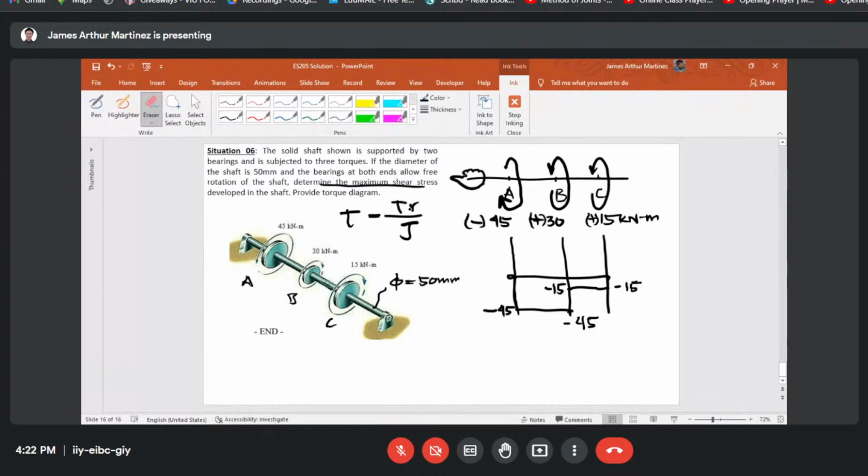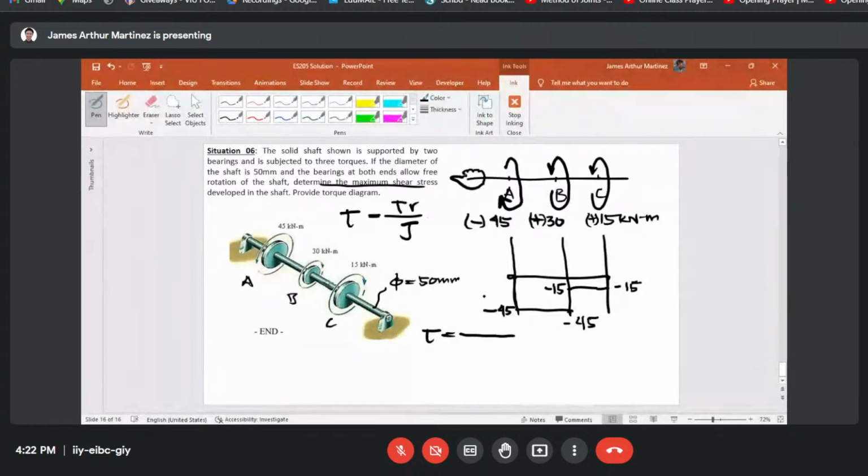kaning si T. And asa man na nato siya malocate. So that can be located on member AB, no, or from points A to B, di ba? So 45 kilonewton meters man ang iha internal nga torsion diri no nga member class. So mao na siya nga atong i-consider no to solve for the maximum shear stress no that is being developed in the shaft.